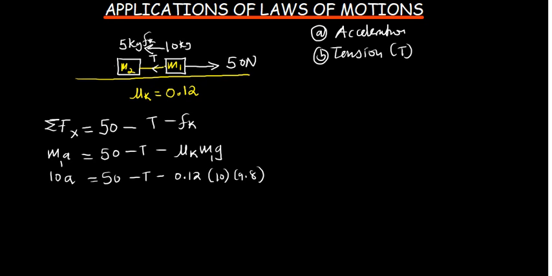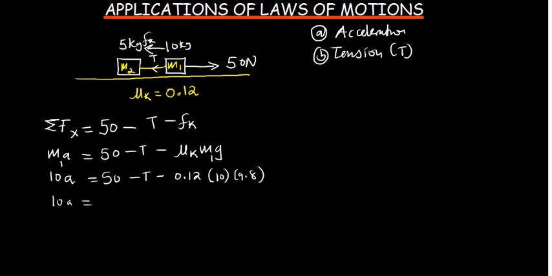So 10a is equal to, I will take 50 minus 0.12 multiplied by 10 multiplied by 9.8. That is going to give us about 38.24.